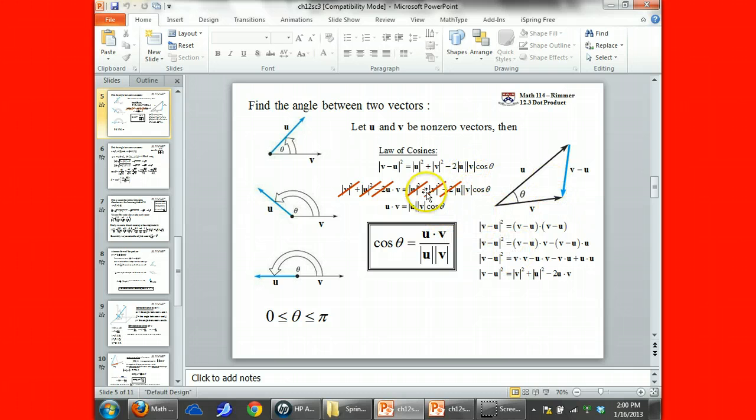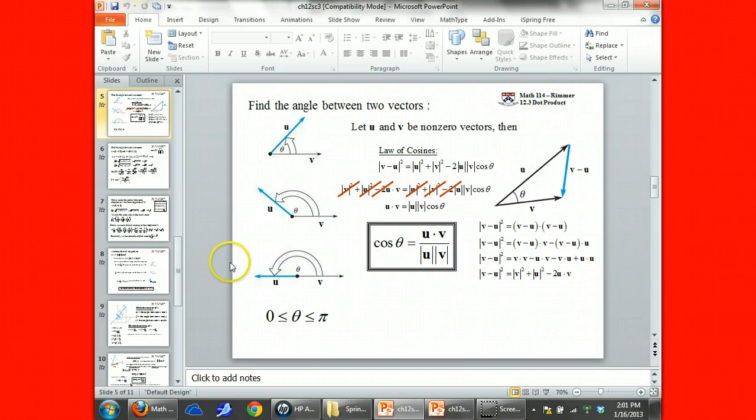And together we canceled out and decided that the dot product is the product of the magnitudes times the cosine of the angle between them. And solved for cosine of the angle between them, we get that dot product divided by the product of the magnitudes will give you the cosine of the angle. And remember, the angle is something between 0 and pi.